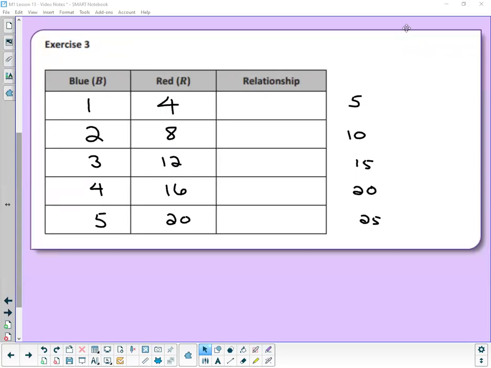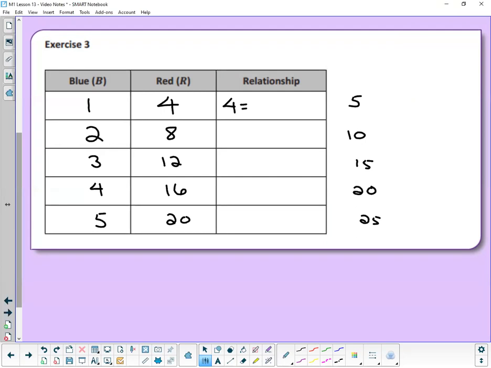So when they talk about the relationship here for the third column of exercise 3, what they're saying is basically what is the relationship between the two? In other words, how would you figure out how many gallons of red paint you would need if you know the gallons of blue? Well, here the red paint is 4.